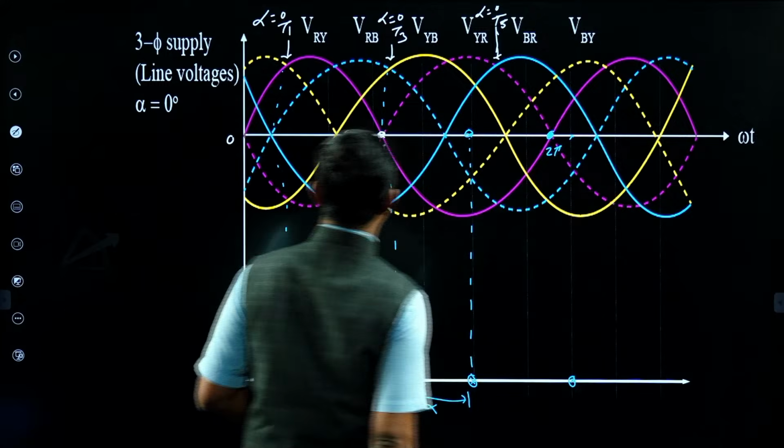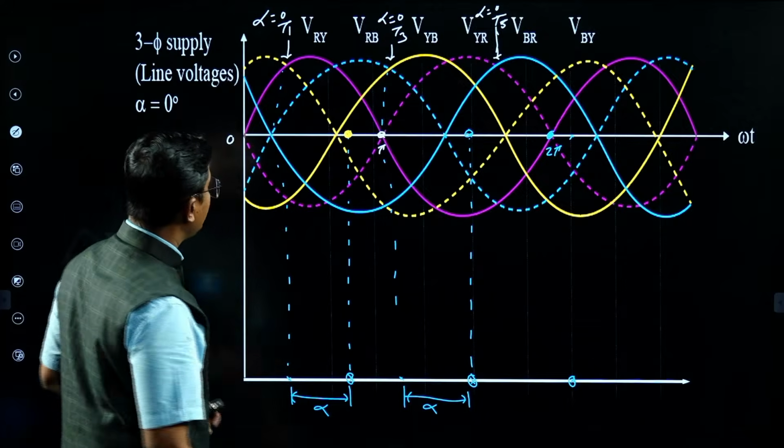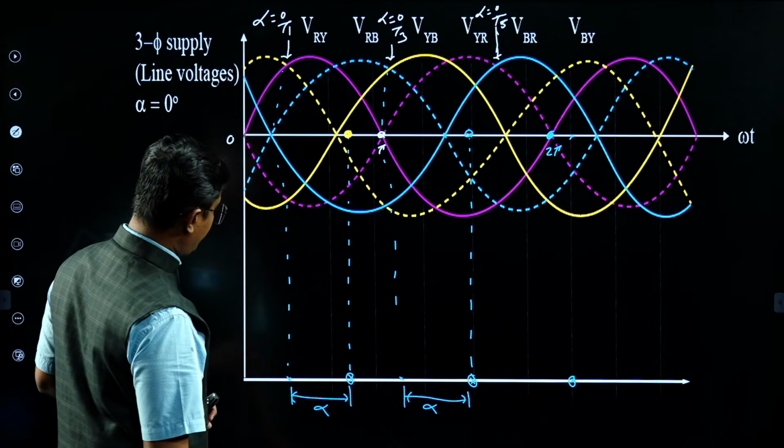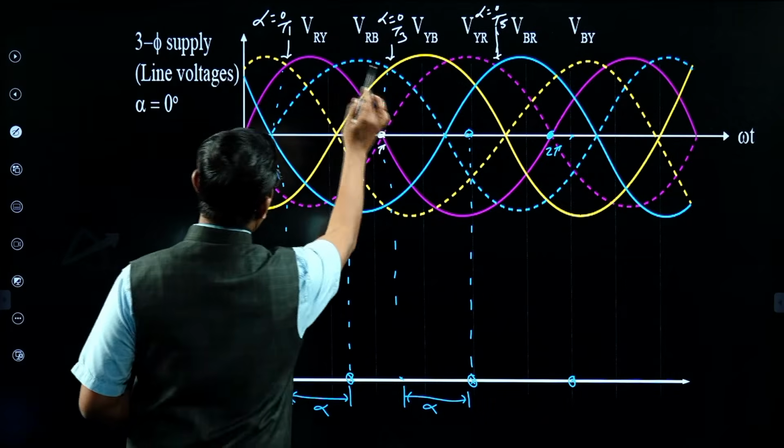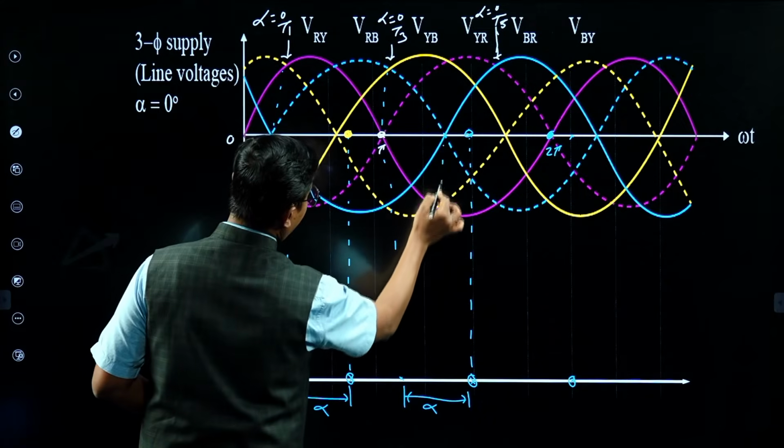Now tell me, if I trigger thyristor T1 here, in the output which pulse will I get? I will get this VRB pulse first. Till which point will I get it?